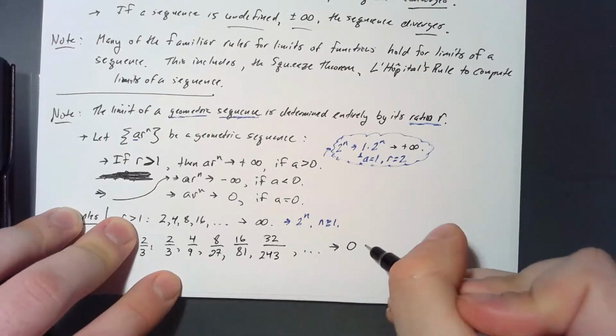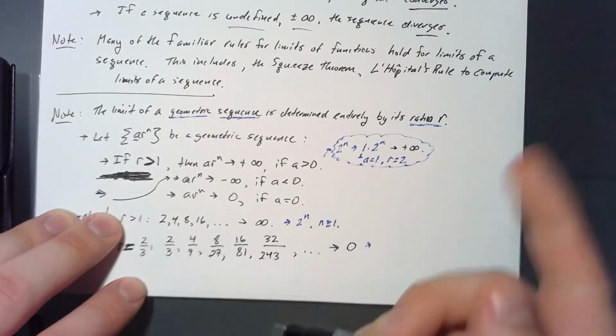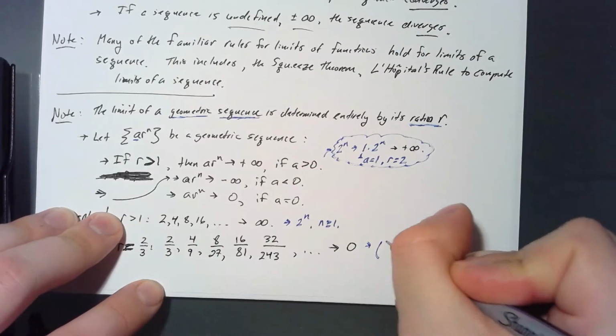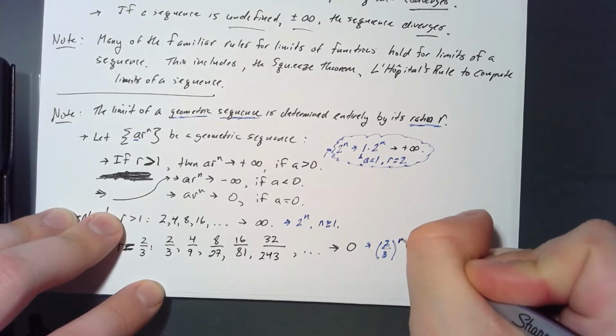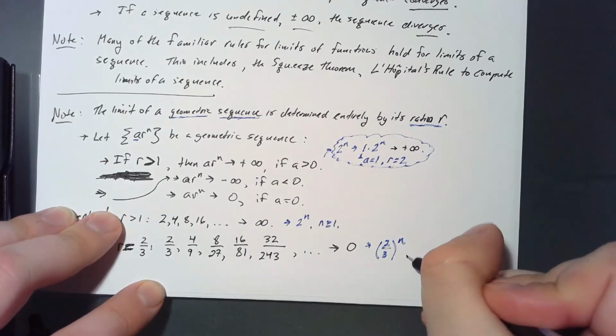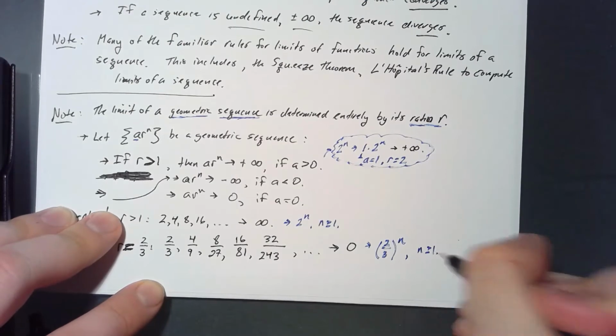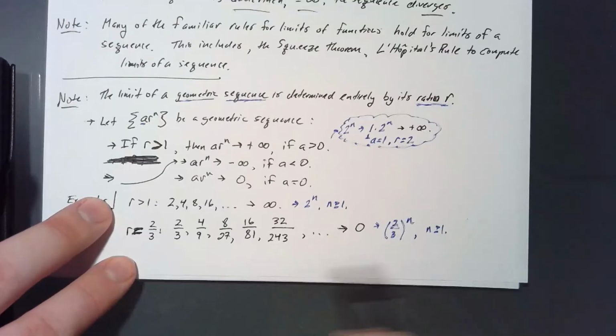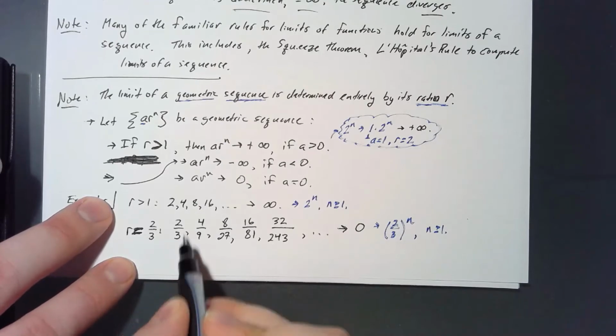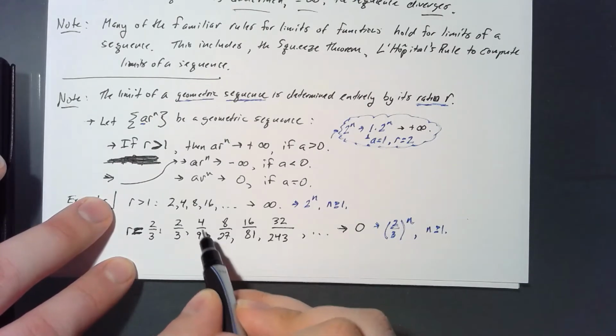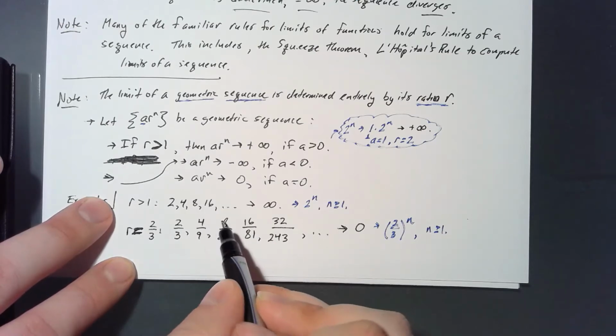What does this sequence look like? Well, it's actually just 2/3 to the nth power, where n is greater than or equal to 1. If you don't believe me, 2/3 to the first power is 2/3. What's 2/3 squared? Well, 2 squared is 4, 3 squared is 9. What's 2 to the third? 8.